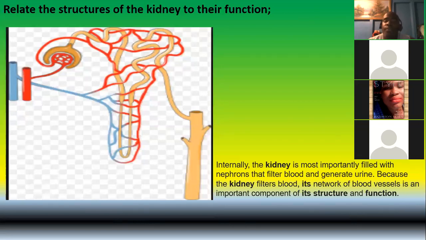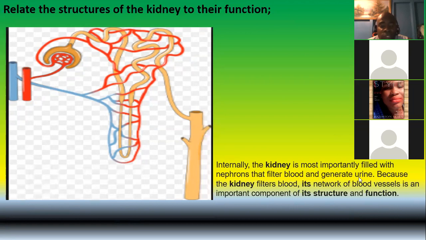All right. Now, I took this exactly from the internet, the information down the bottom here, just for you to see an example of what it means to relate the structure of the kidney to its function. It says internally the kidney is most importantly filled with nephrons that filter blood and generate urine.